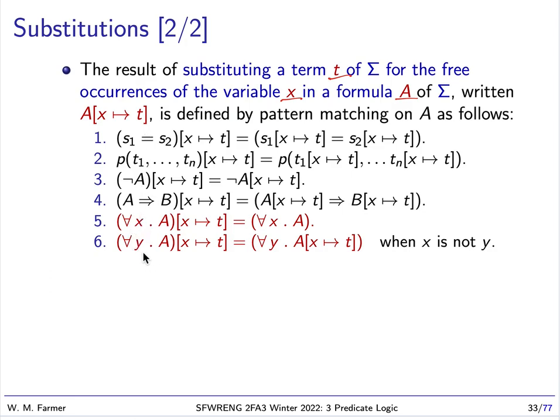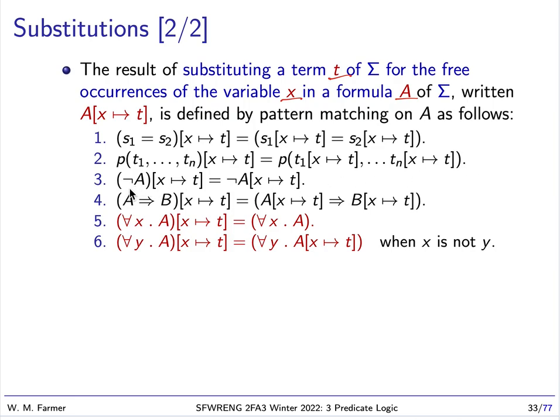We have 2 patterns for universal quantification. If we're doing a substitution of t for x in an equality, we get back the equality where we do our substitution of t for x in the left-hand side and t for x in the right-hand side. That's pretty straightforward. If we have a predicate symbol application, it works exactly the same as for a function symbol application.